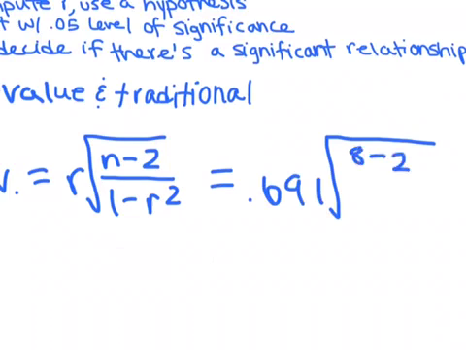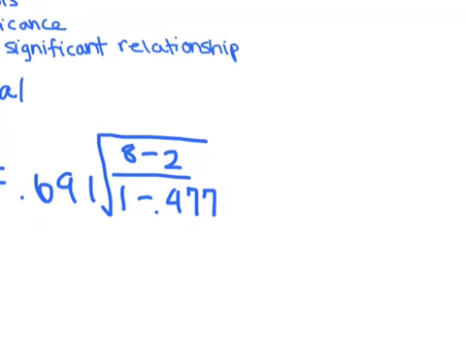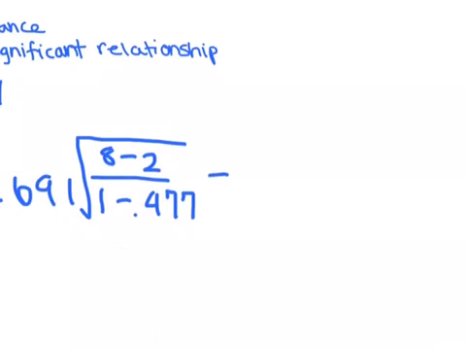Then 1 minus the R squared, so you can use 0.477, or you could do 0.691 squared. That gives you the answer of 2.342.